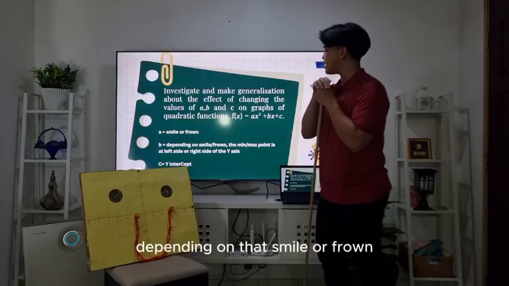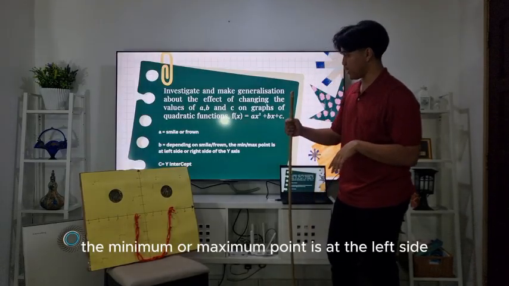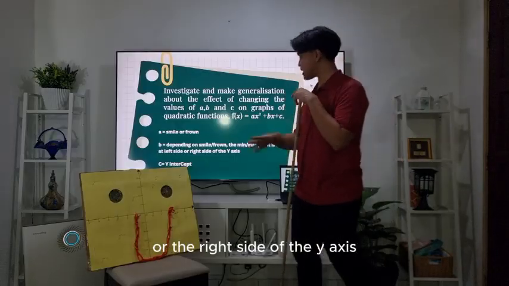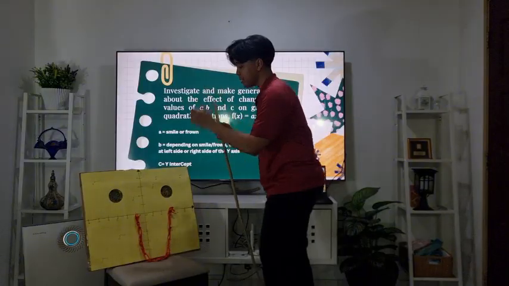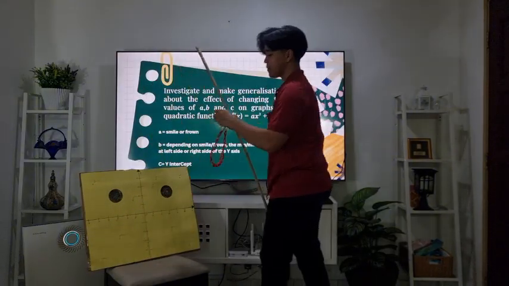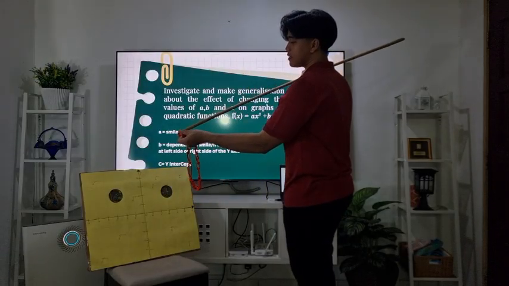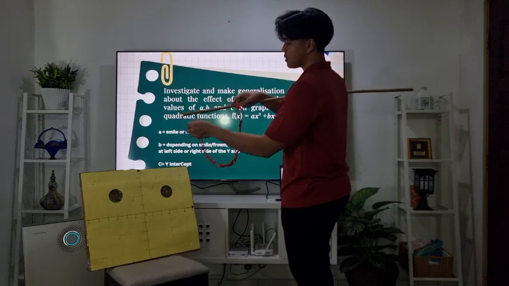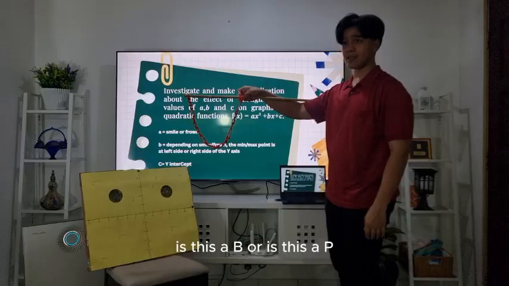Next, B. Depending on that smile or frown, the minimum or maximum point is at the left side or the right side of the y-axis. This is the y-axis. This is the minimum or maximum. Let's do two actually, so that we don't make a mistake of what B is. Is this a B or is this a P?